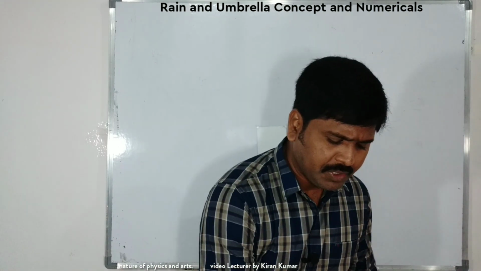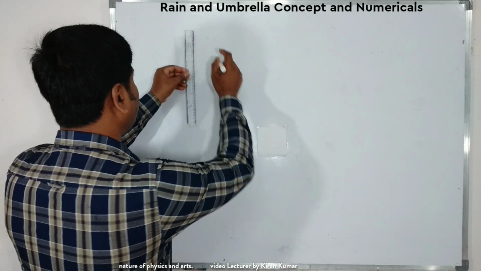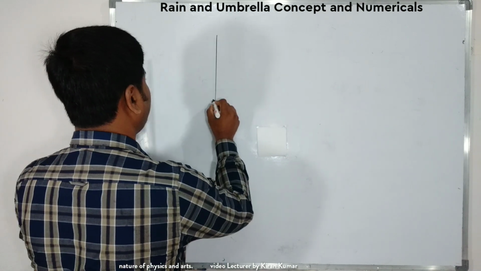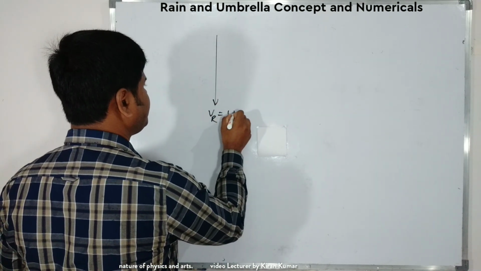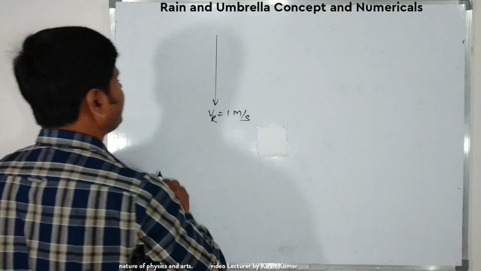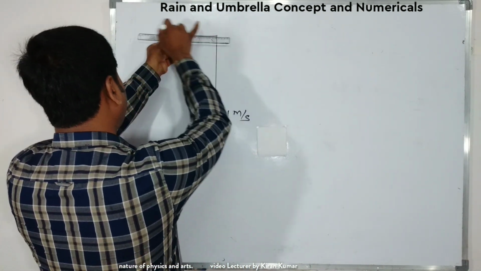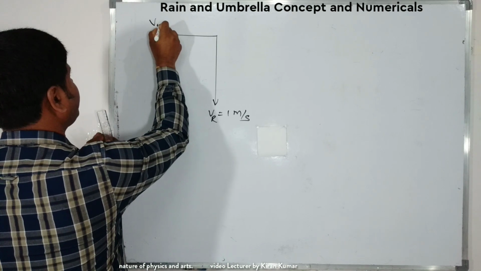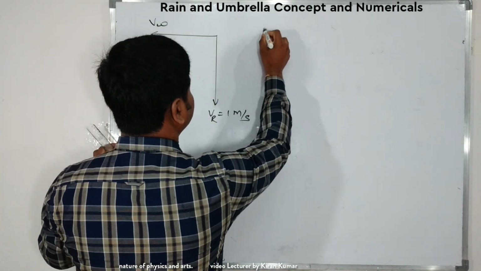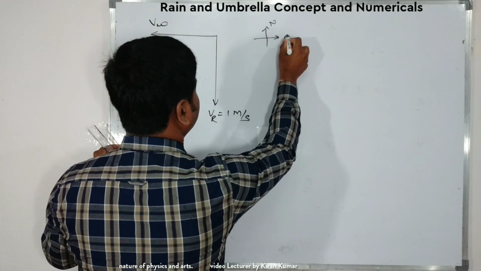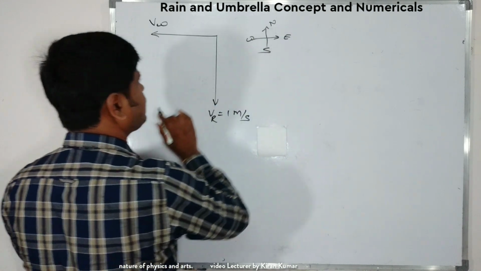Try to understand. First condition: this is the velocity of the rain, which is 1 meter per second, given. After some time, wind blows from the east direction to the west direction. Here this is taken as north, east, west and south.